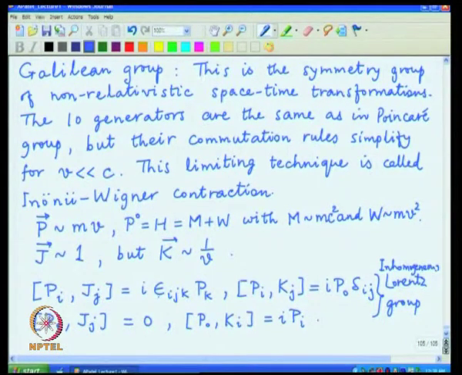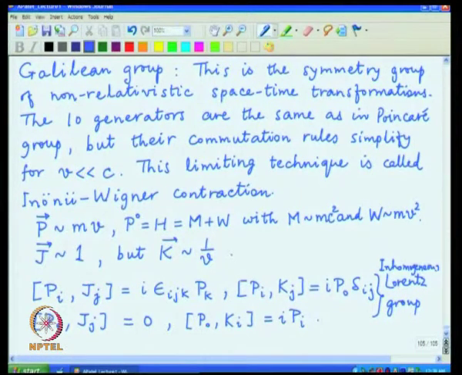The commutation between p and j does not suffer any change as far as the power counting goes. Both sides scale the same way, but for the commutators involving p and k, we have a different rule, because p is order of the velocity, while p 0 is of the order of the rest mass.